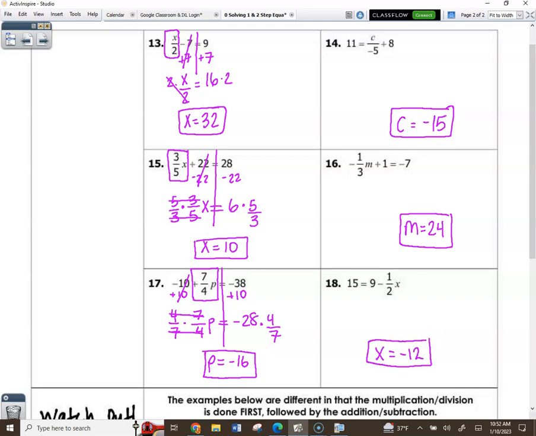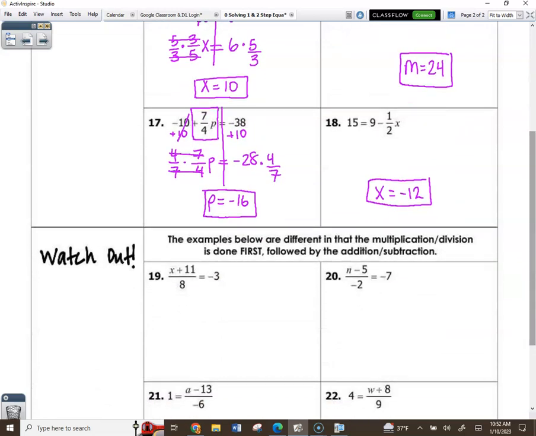Did you get those? Okay. The bottom section, I was going to save that for the beginning of class tomorrow. Still good? Okay.